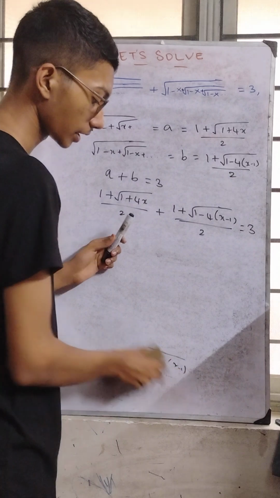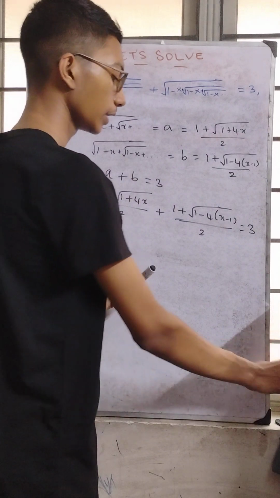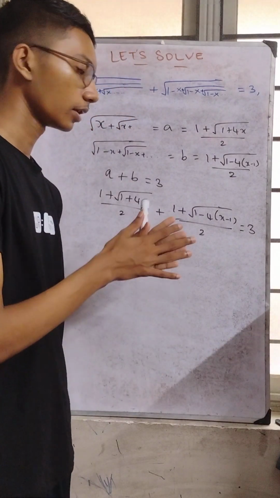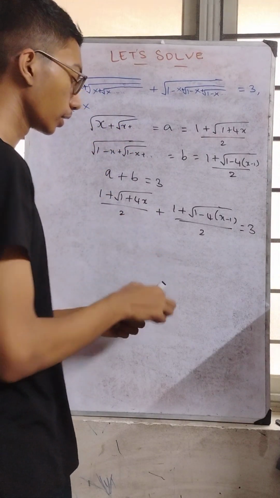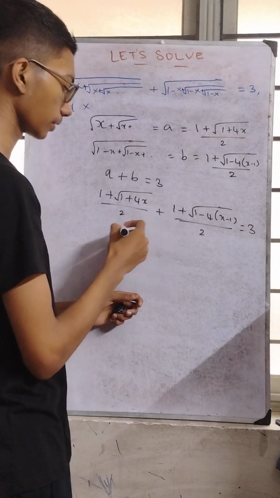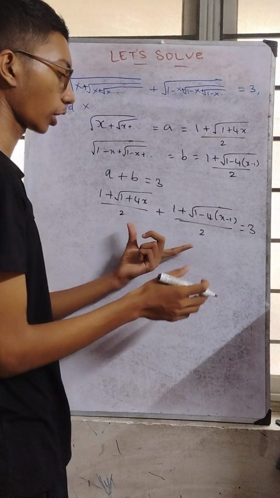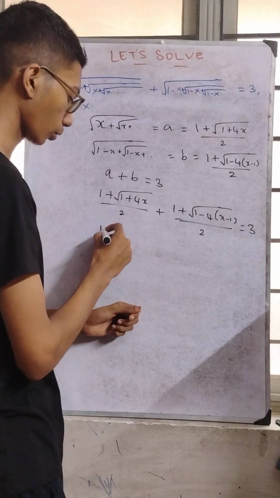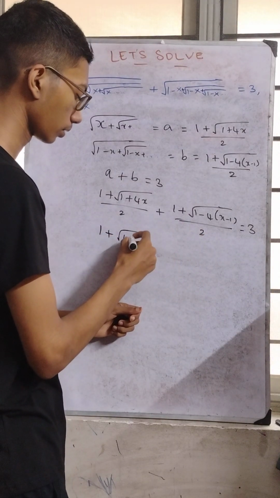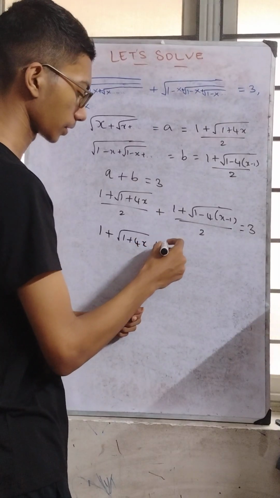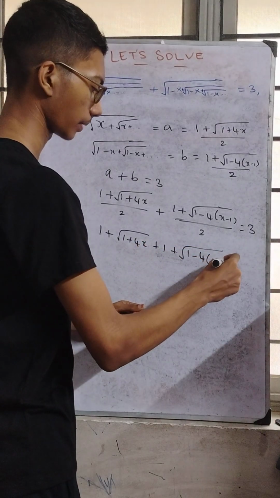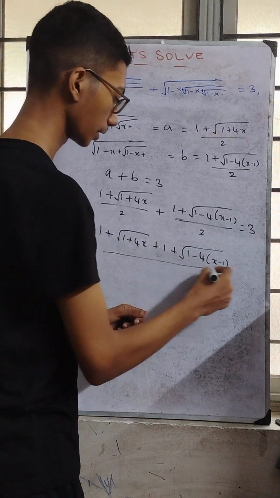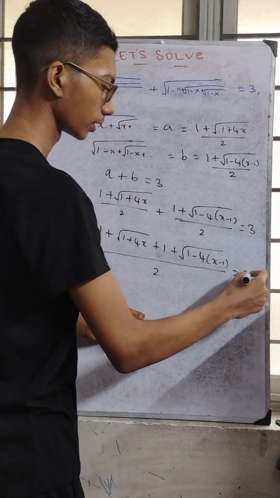From this expression it is easier to find the value of x because the result is the value of x. So that's what we need to compute. Here the denominators are common for both these terms. So 1 plus root 1 plus 4x plus 1 plus root 1 minus 4 of x minus 1, whole thing divided by 2 equals 3.